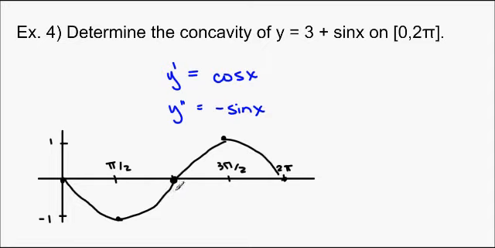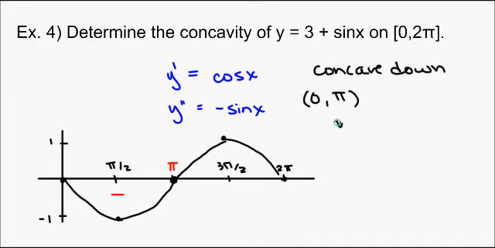So I can see from 0 to pi, negative sine x is negative, which means that my graph here will be concave down. So concave down on the interval 0 to pi.